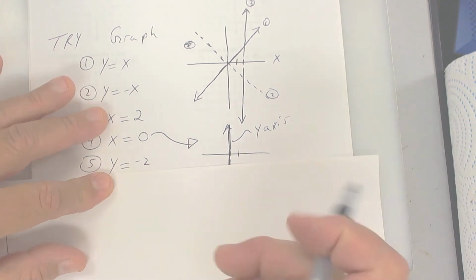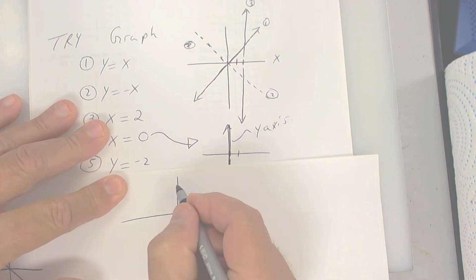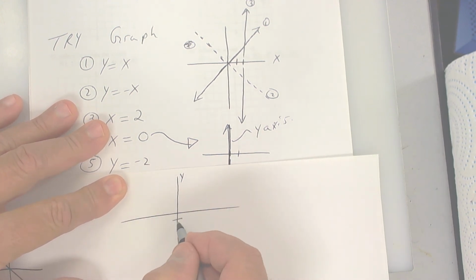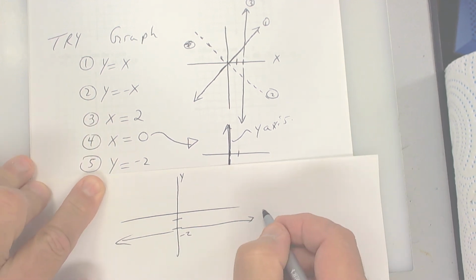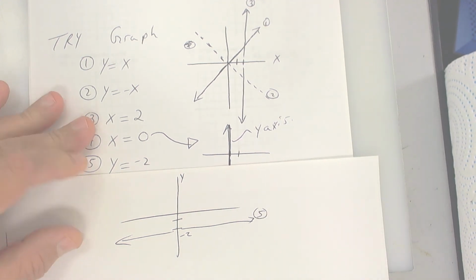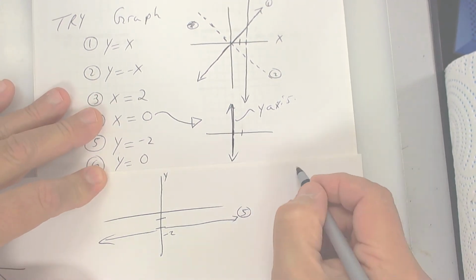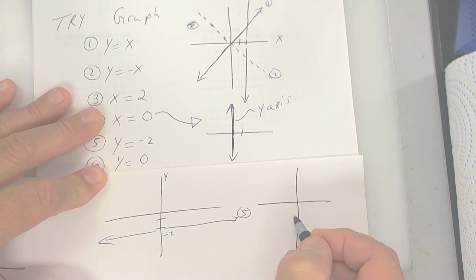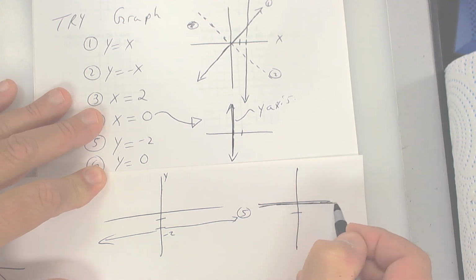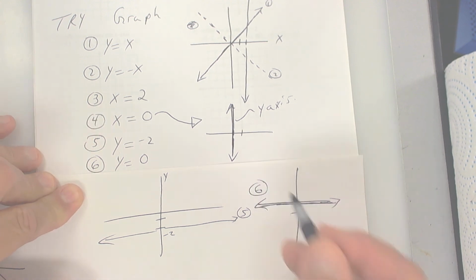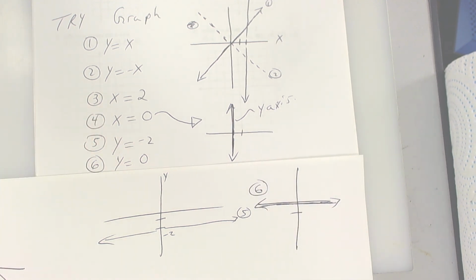So y equals -2 looks like this. This is your y, so you want to go down 2, so there it is, -2. And that would be number 5. And then finally, number 6, y equals 0, and you need to know these. This is y equals -1. y equals 0 is the x-axis. And you need to know how to do these in order to do the reflections.